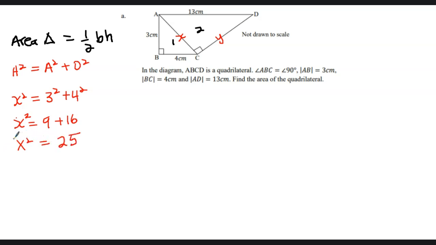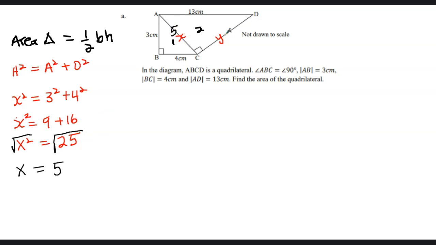Now we are looking for X, not X squared, so we take the square root on both sides and we get 5. Anytime we take a square root, we are supposed to get negative and positive, but as Mr. Boateng said in example 1, we are dealing with a distance. Nobody has ever seen a negative distance before, so we stick with the positive. So now we know this side to be 5.